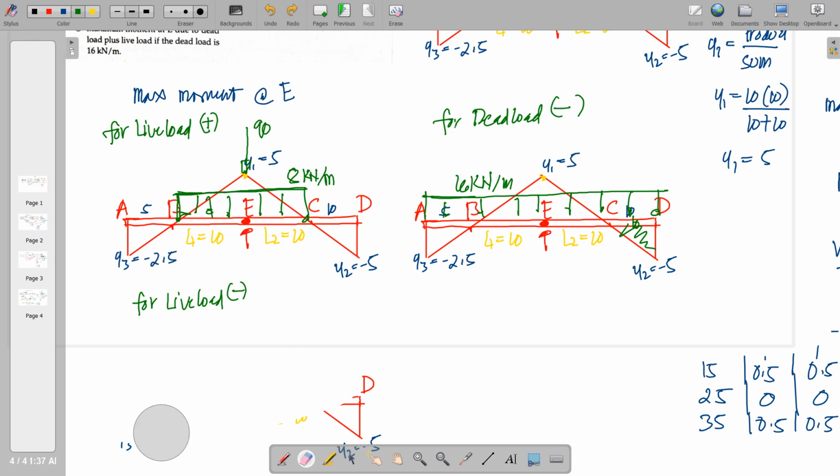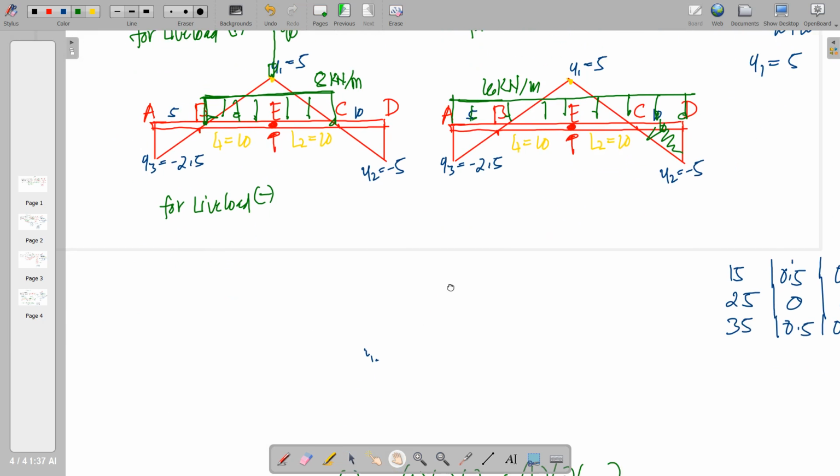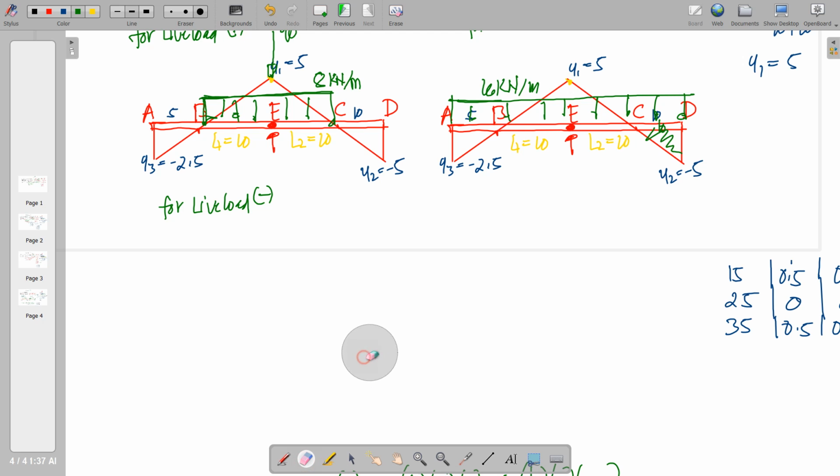Let's just re-illustrate that one. Say this is our ILD. This is 5, negative 5, and negative 2.5.